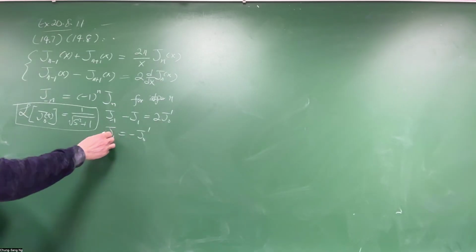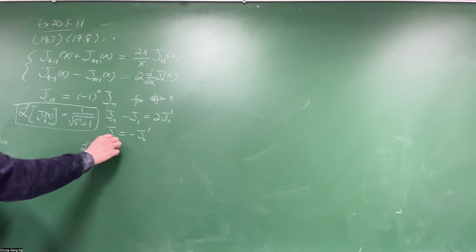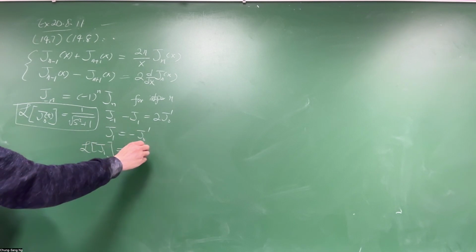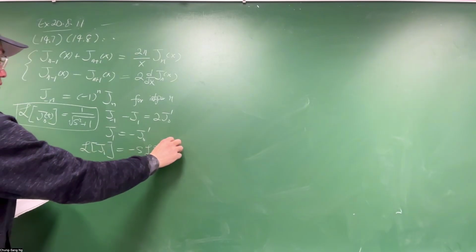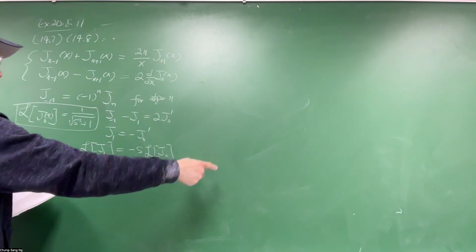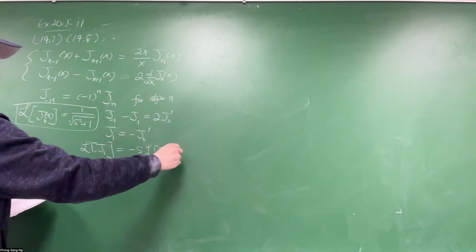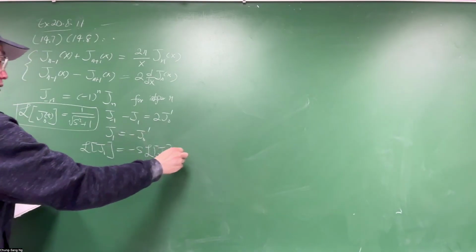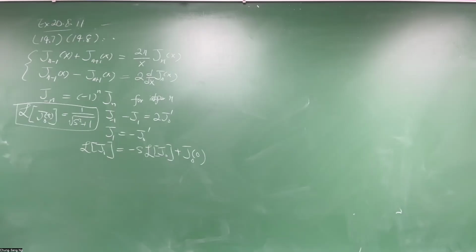Now you can do a Laplace transform. The Laplace transform of J sub 1 will be minus of s times the Laplace transform of J sub 0, minus the initial condition of J sub 0 at 0. You have the minus sign already, so plus J sub 0 at 0, and J sub 0 at 0 is 1.